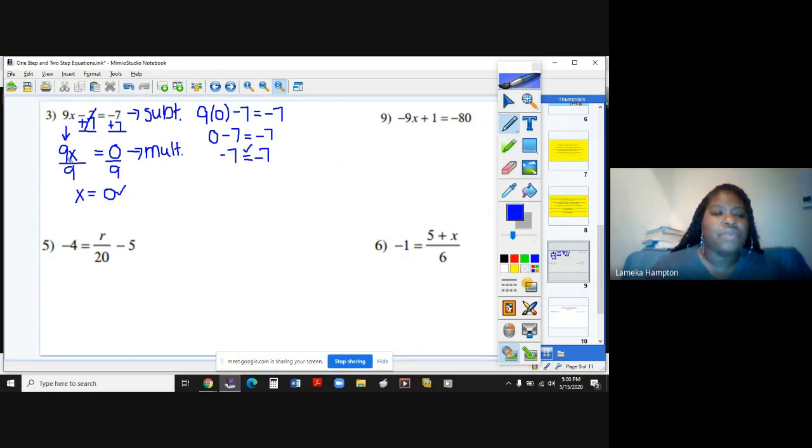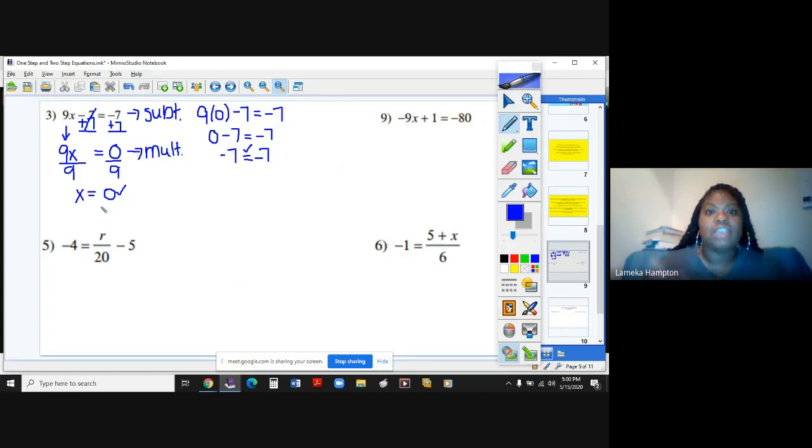And I was left with 9x is equal to 0. Because negative 7 plus 7 gives me a 0. And then my subtraction problem turned into a multiplication problem. So now I had to do the opposite of multiplication, which is division. And I divided both sides by 9, and it gave the answer of x is equal to 0.